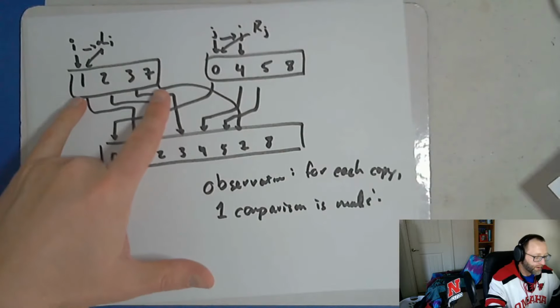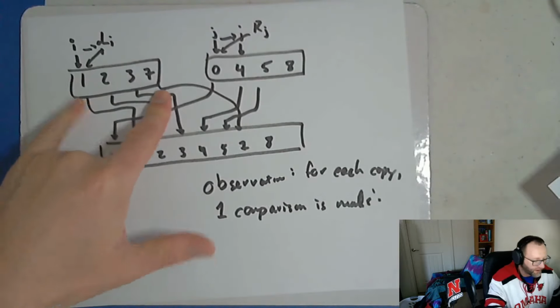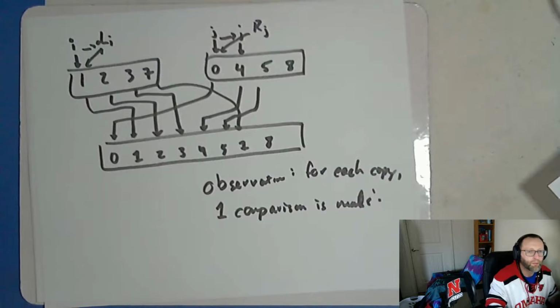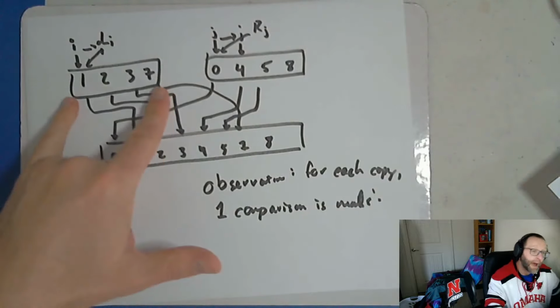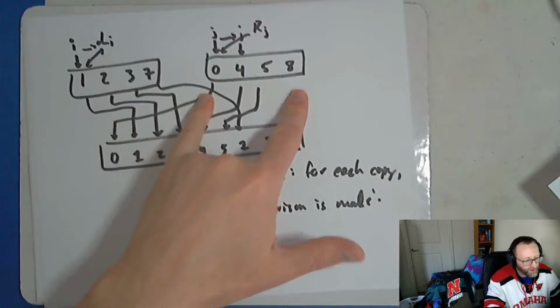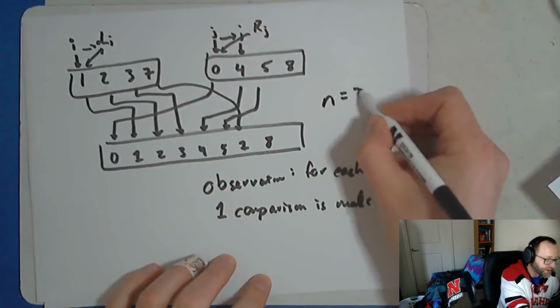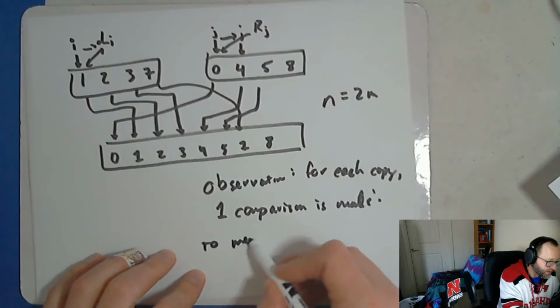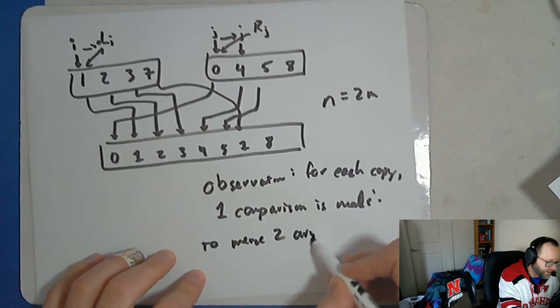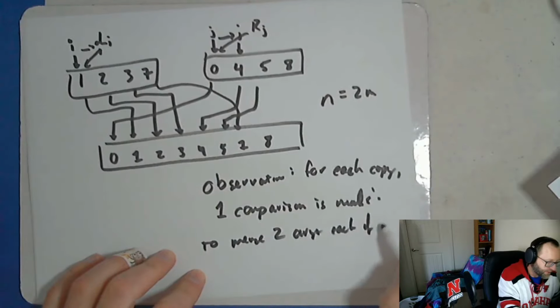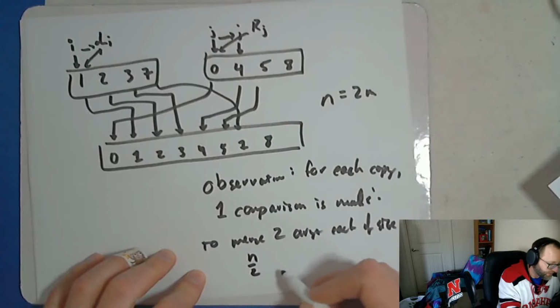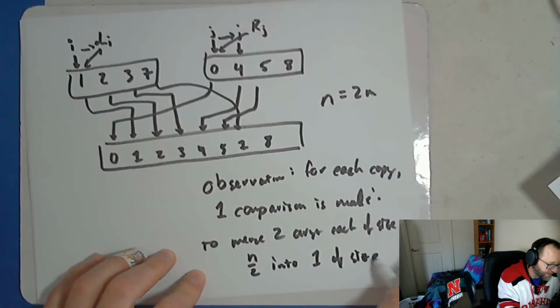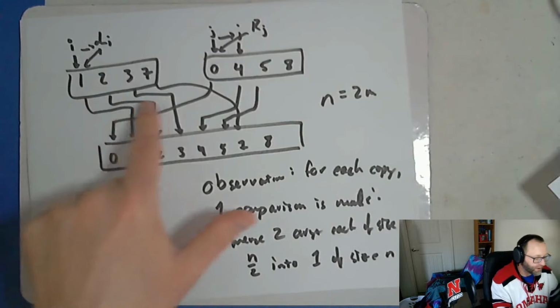There are n elements over here, n elements over here. Let's just go ahead and combine those and say that there are m elements over here and there are m elements over here, and altogether n is equal to 2m. Right? In other words, to merge two arrays, each of size m, which is n divided by 2, into one of size n, requires that you look at every single element over here.